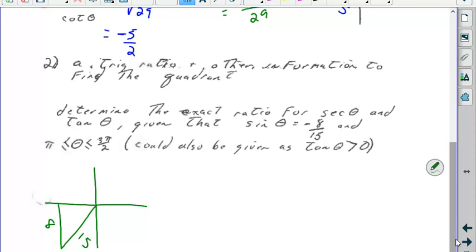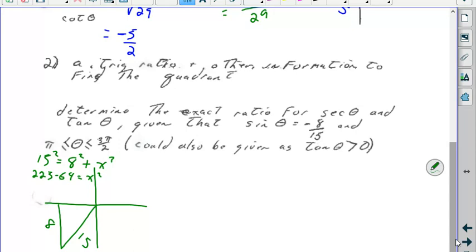And now you have enough information to find the adjacent in this case. It's going to be 15 squared is equal to 8 squared plus x squared. 225 minus 64 is equal to x squared. Oh my goodness. 121? No.